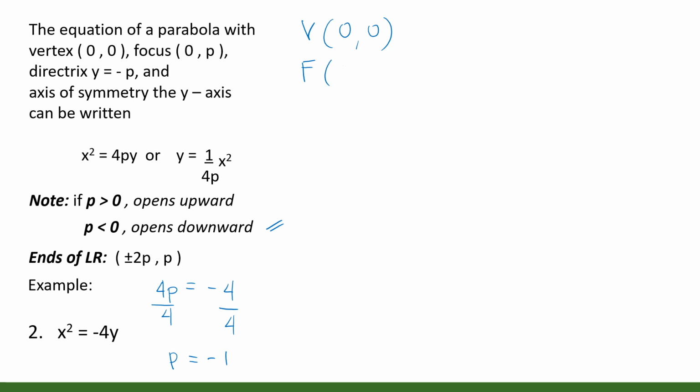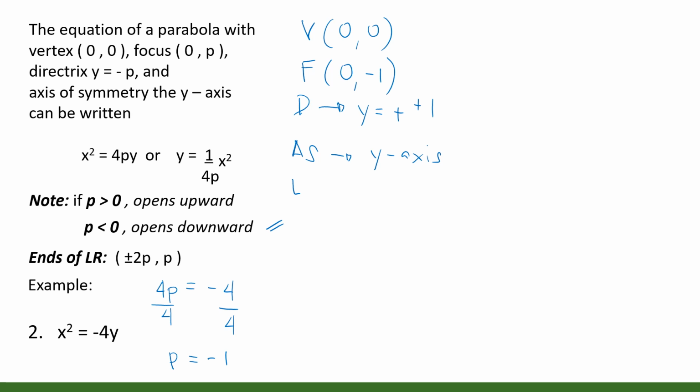Focus, (0, negative 1), since the value of p is negative 1. Directrix, y equals negative, negative 1. Meaning, negative negative will become what? Positive. So the directrix now is y equals 1. Axis of symmetry, still the y-axis.